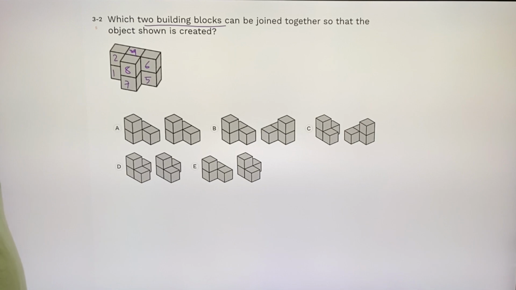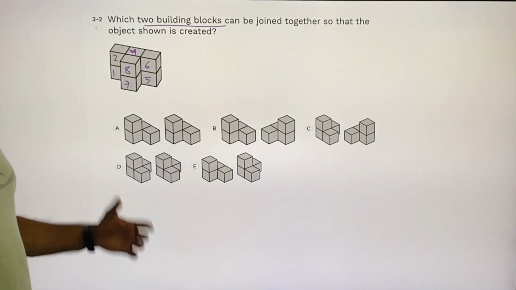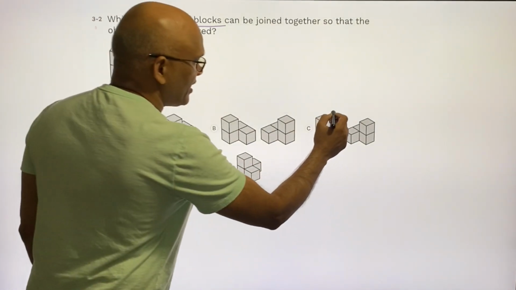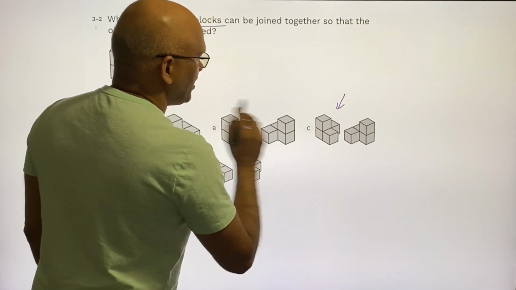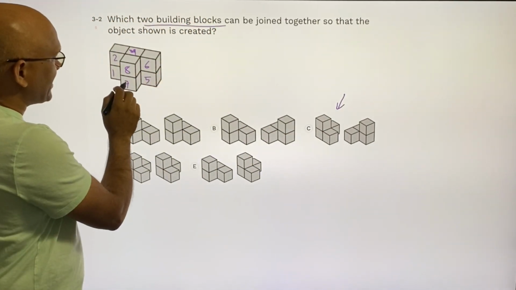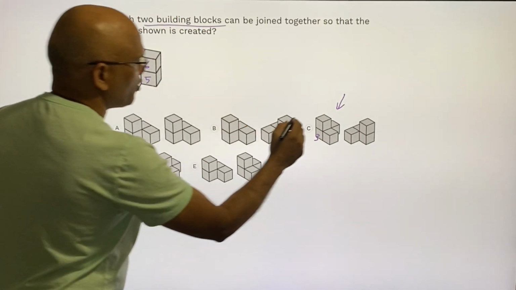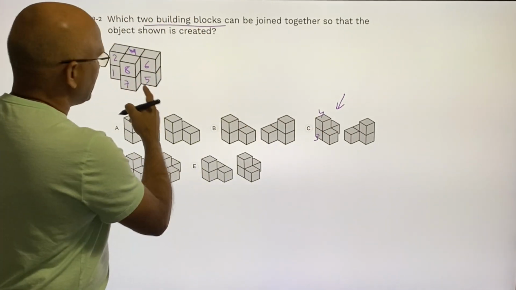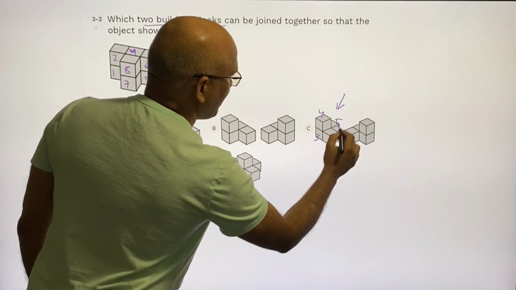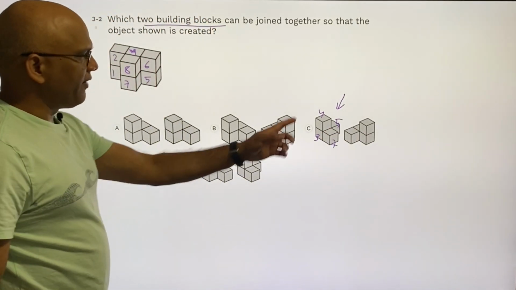Okay. Now, if you think about it, let me consider this block here, right? Now, how can I get that? I can take 3 that is hidden behind, so this can be 3. The top one can be 4, this can be 5, and this can be 7, right? 3, 4, 5, and 7.